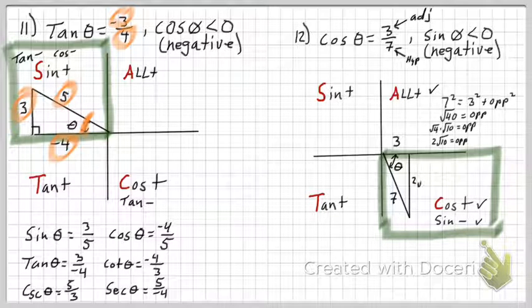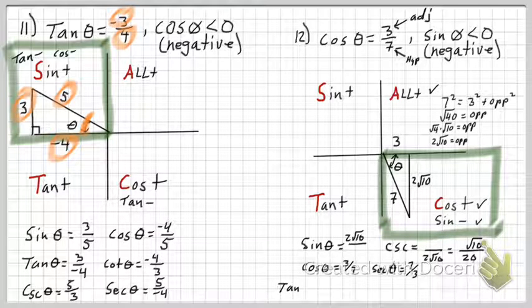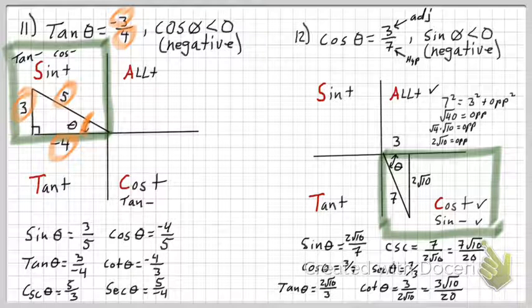I have to do a little bit of back calculating with the Pythagorean theorem to get that side opposite. Again, I know all three sides of a triangle. Now it's just SOHCAHTOA, and then flip those to get my cosecant, secant, and cotangent. And that is how we get all of those answers.